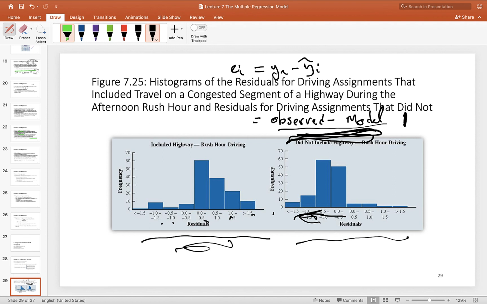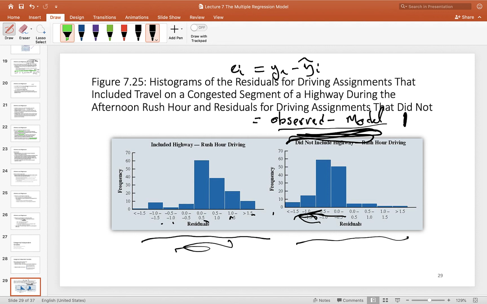And so these results suggest that the dummy variable could potentially explain a substantial proportion of the variation in travel time that is unexplained by the model not including rush hour traffic. And so we're going to proceed by adding the dummy variable to the current Butler Trucking multiple regression model.